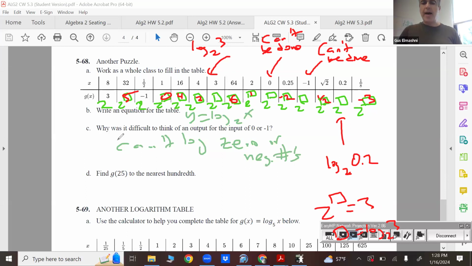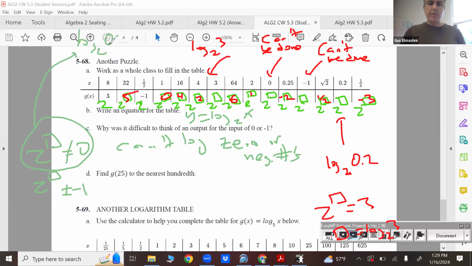The reason is that 2 to some power can't equal 0, and 2 to some power can't equal -1. That's just impossible. Hence you can't log a negative number, because what this would mean is log base 2 of 0 equals a box, but I don't know what that box would be.